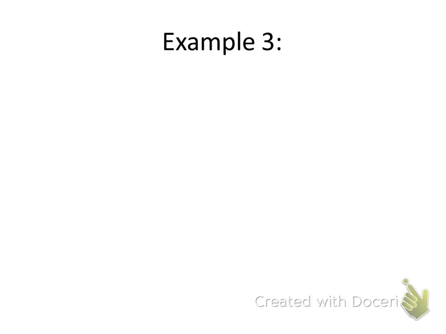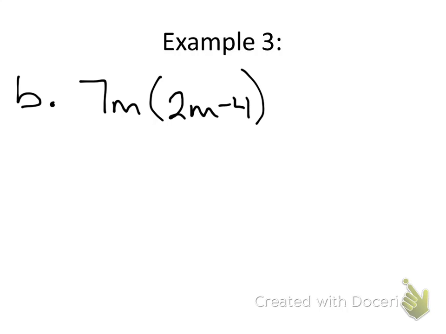All right, on section B, on example B, you have 7m times 2m minus 4 plus 2m times 2m minus 4.